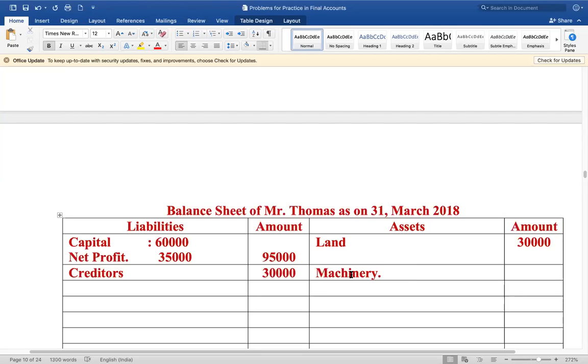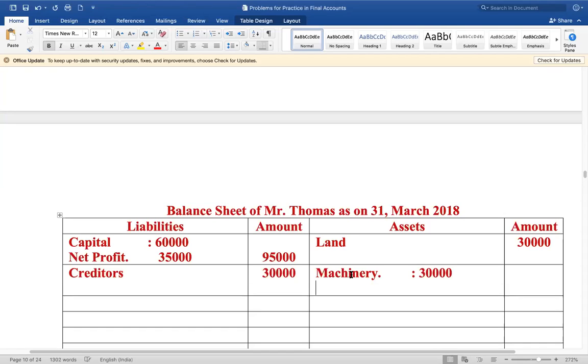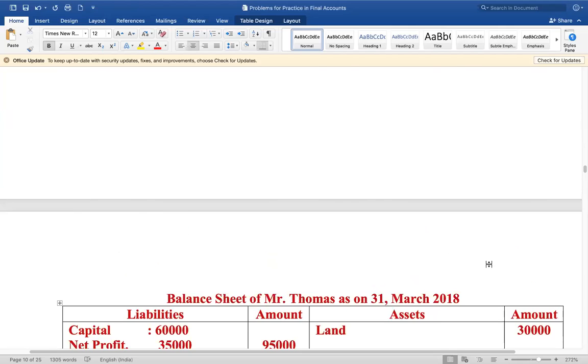Yes, there is an adjustment. 30,000 is the worth of the machinery, and there's a depreciation to be provided on that. That comes to 3,000. I'll put it in brackets indicating that it is a negative balance, and the resulting figure is 27,000.